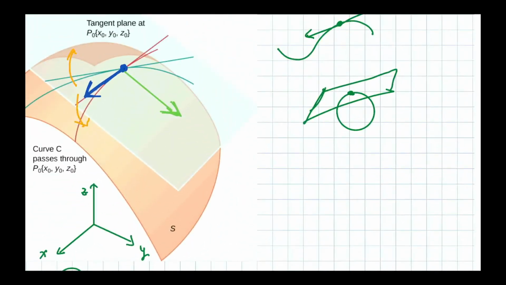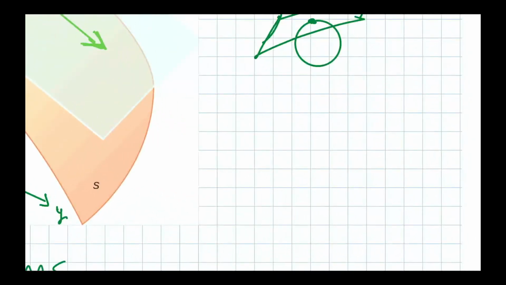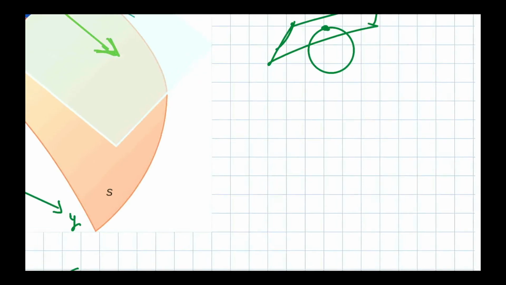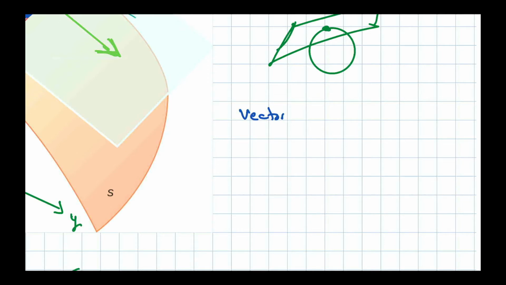If you were trying to figure out this vector here, that blue vector, the vector in the x direction, the way you would get it is from that derivative.